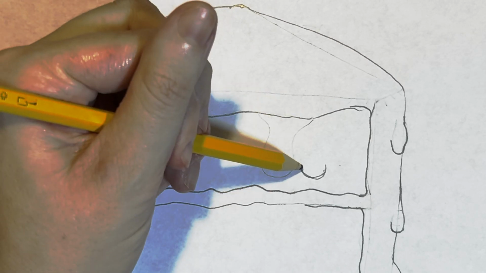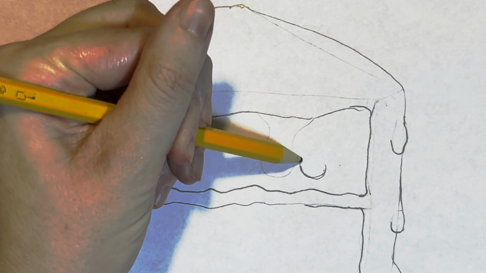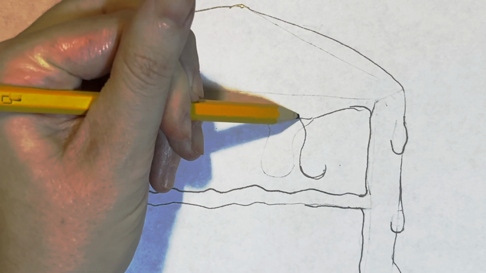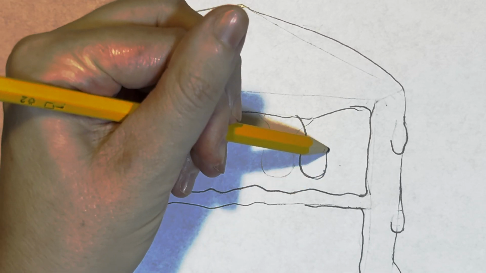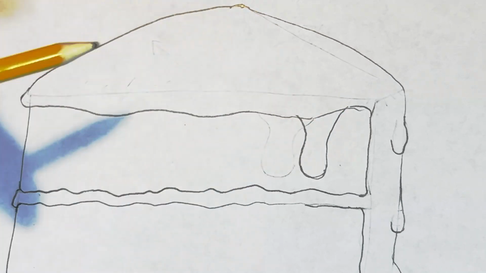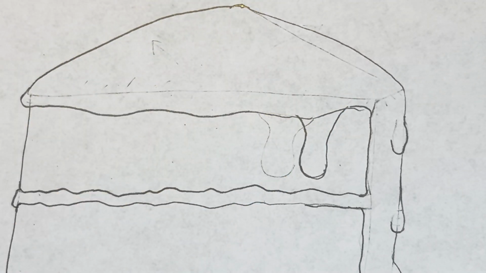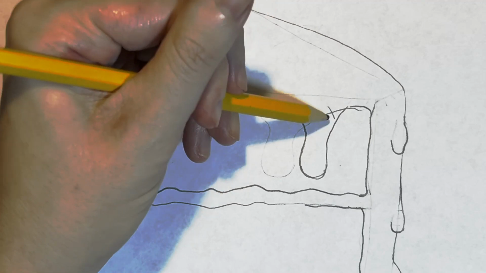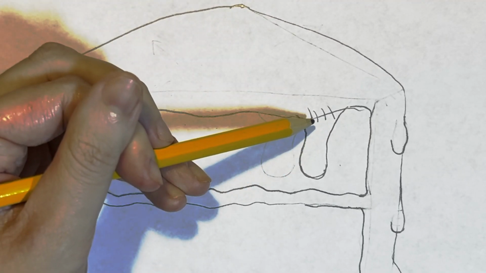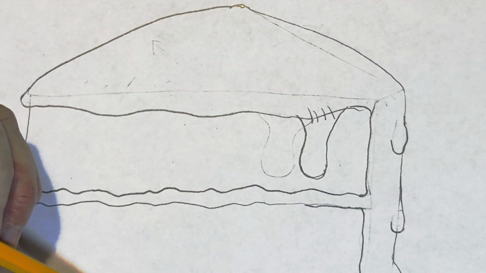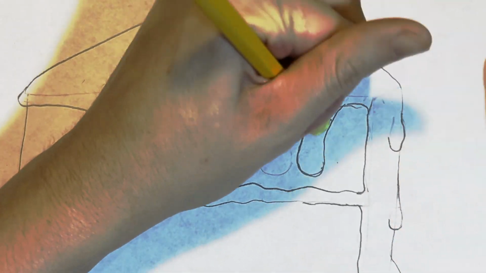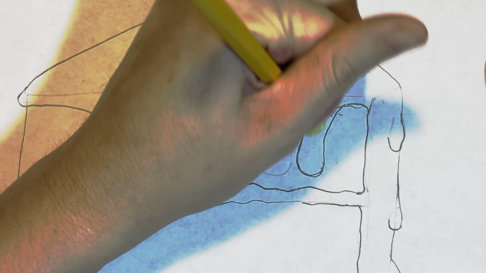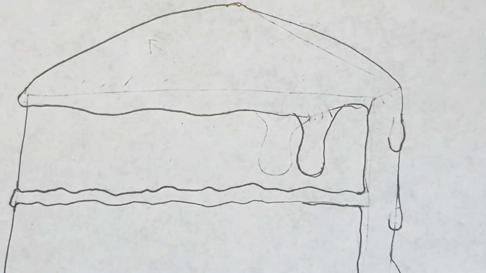And then we're going to connect the letter U into our cake shape over here. Now we don't need this old line anymore. I'm going to go ahead and erase out that old line.